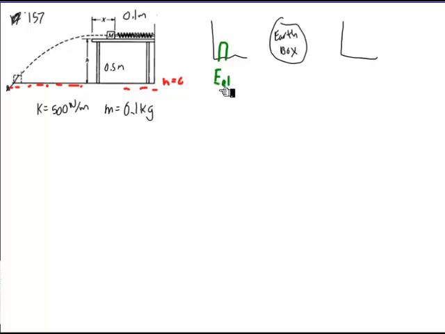But if I want to store energy in the spring, I need to include the spring as a part of my system. So we have elastic energy stored in here, but we're storing energy in some other way as well. We're storing some energy in the height of the table here. We're storing energy in the position of the box in the Earth, or as gravitational potential energy.